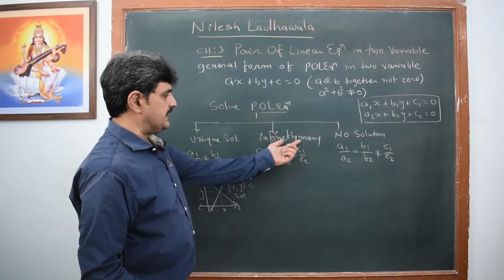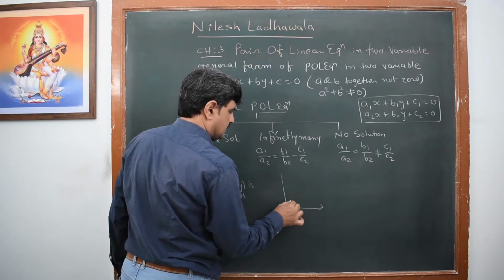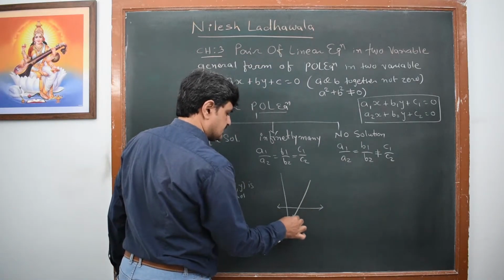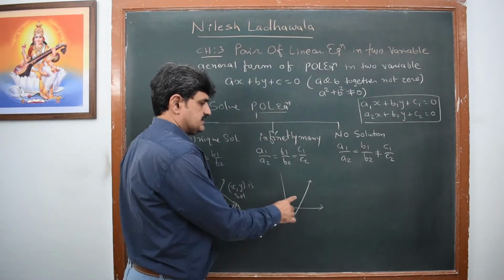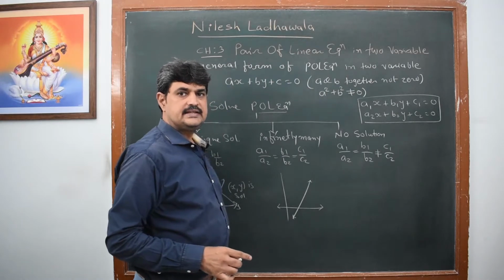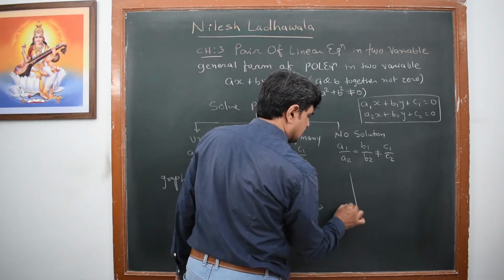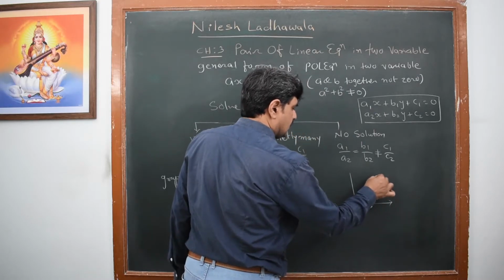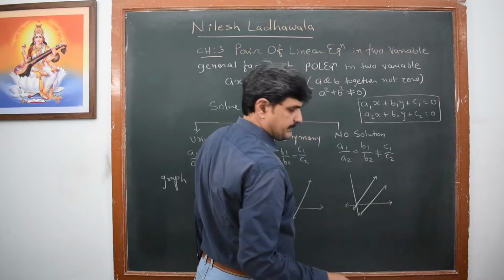Now for infinitely many solutions, we have a line which is common for both. So we have only one line, which is also known as linearly dependent lines. And the third, that is no solution. The graph of this equation will be a parallel line.